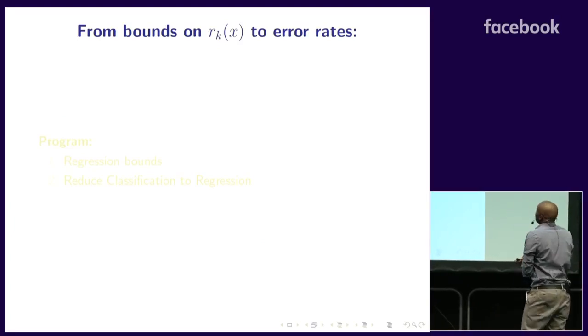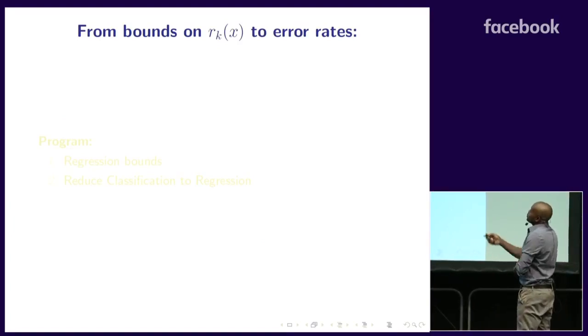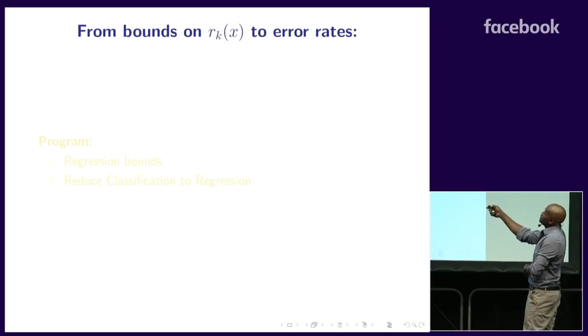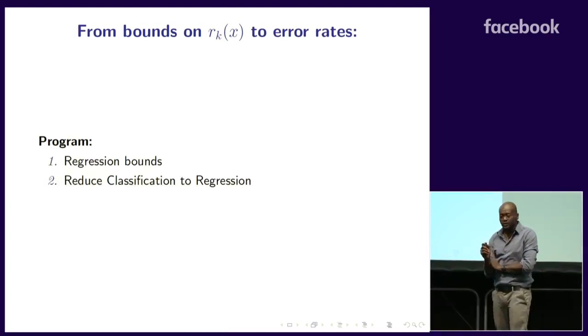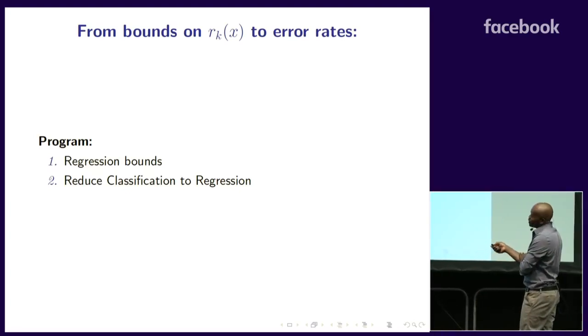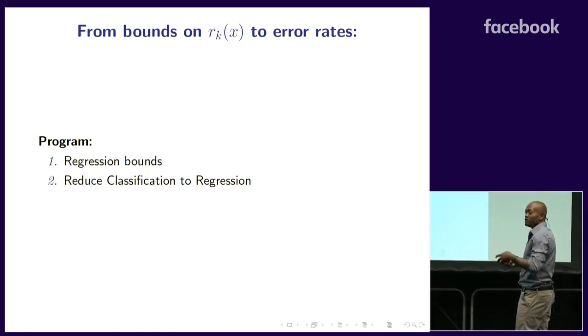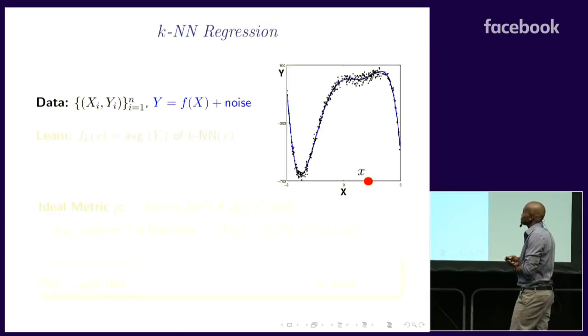So we want to go from a bound on r_k of x to an error rate. The program of construction will be the following. I'll start with regression bounds and explain the basics of how we obtain them. And then from there, I'll get classification bounds by reducing classification to regression through a simple reduction.